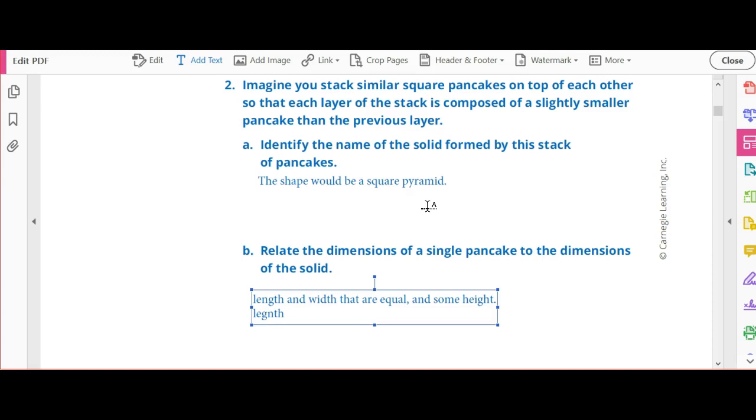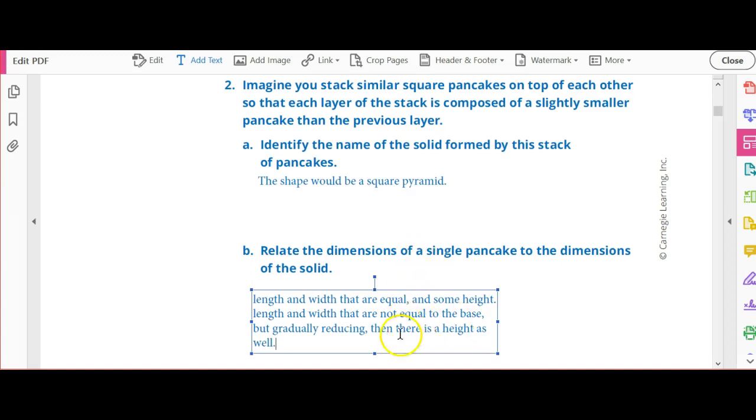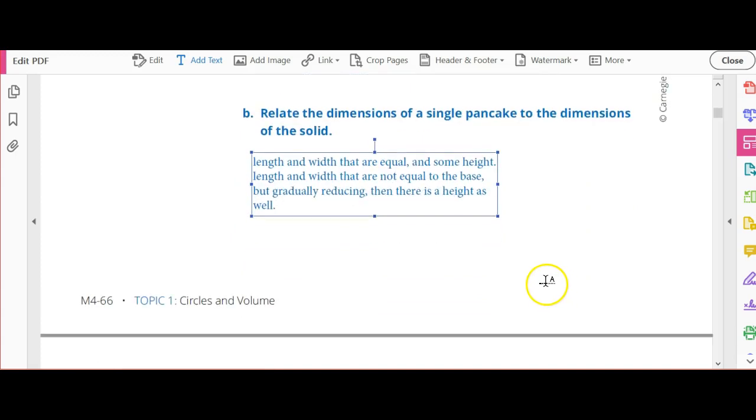We have length and width that are not equal to the base, but gradually reducing. And then there is a height as well, right? It's going to be non-trivial height. It's some height depending how tall we stack it.